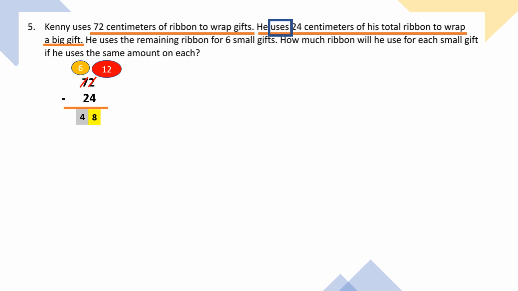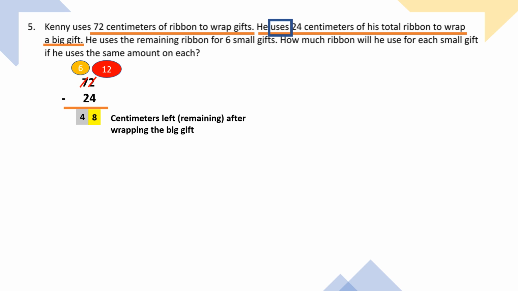And 6 minus 2 is 4. So that means that after he wrapped the big gift, he had 48 centimeters left, or remaining, because they use the word remaining. Remaining is the same thing as saying that's how much he has left. So he had 48 centimeters left, or remaining, after wrapping the big gift.